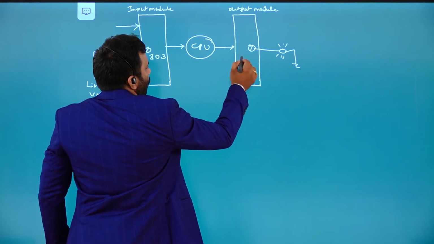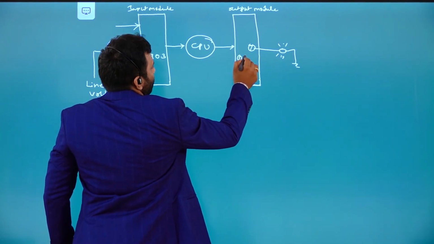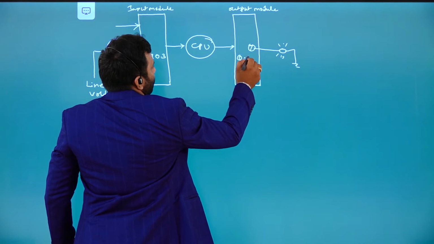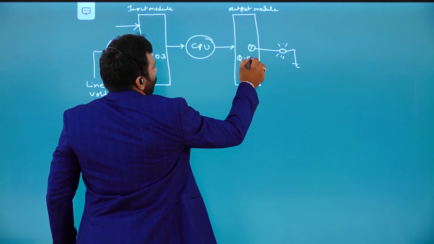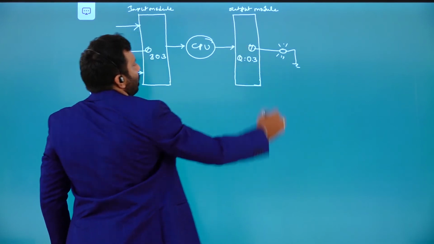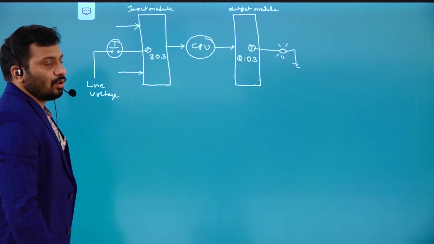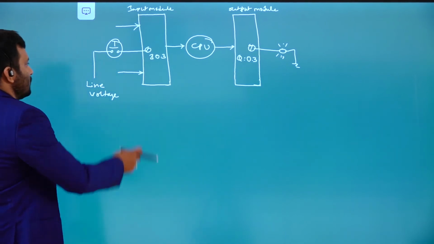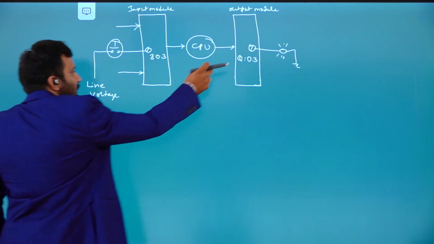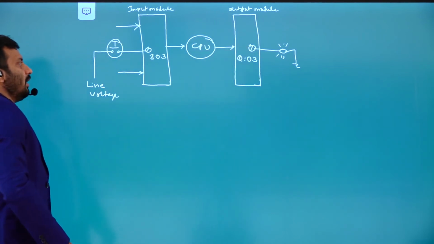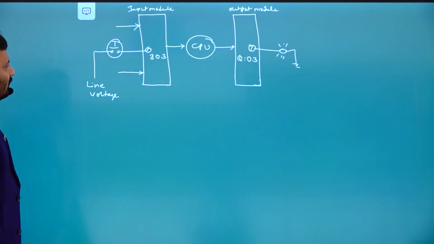Now Q, if it is the first module 0, and the fourth terminal, we are going to write Q 0.3. So this terminal address is this one, and this terminal address is this one. This is the way it's going to be connected.